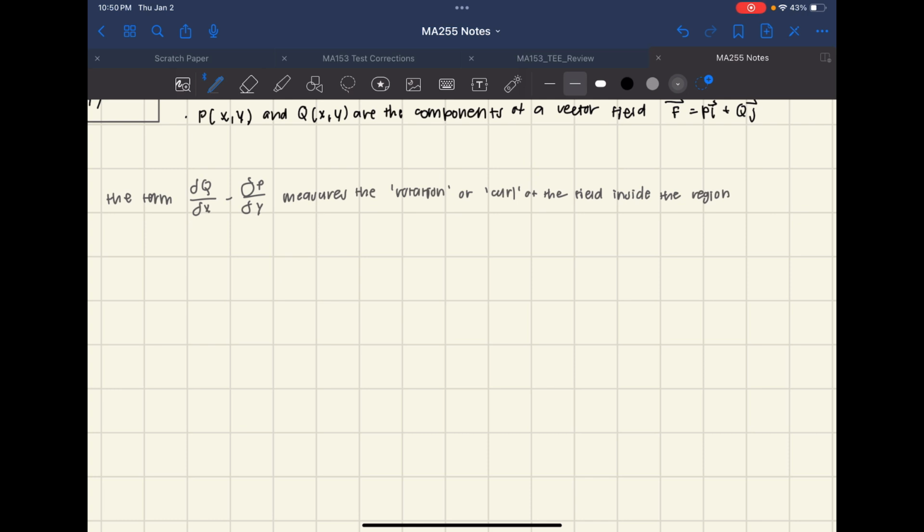And the theorem essentially says the circulation along the boundary equals the total curl inside.